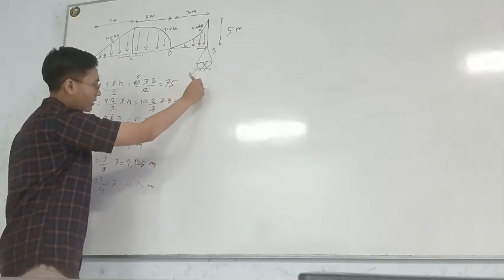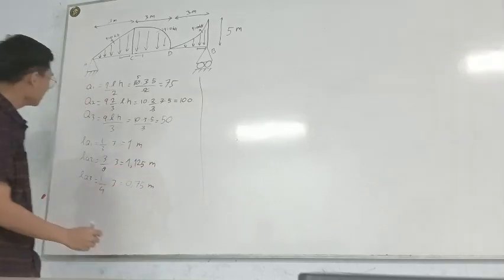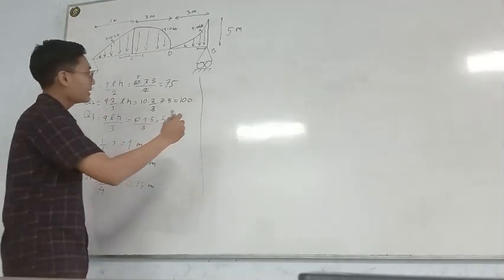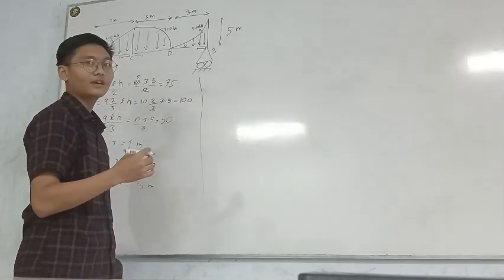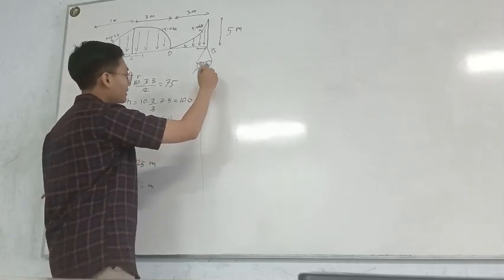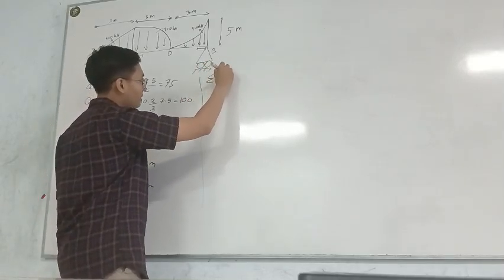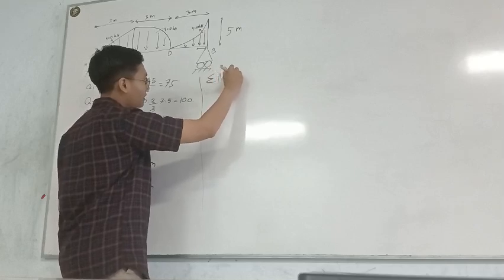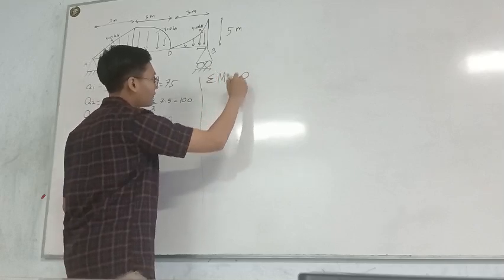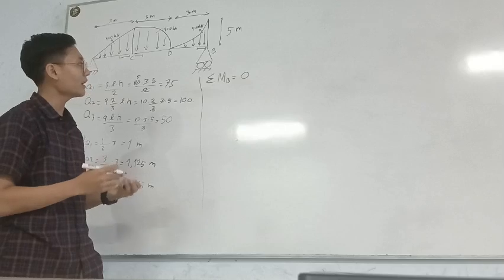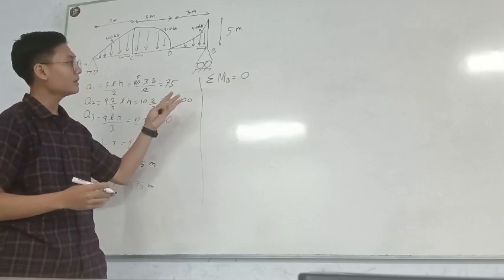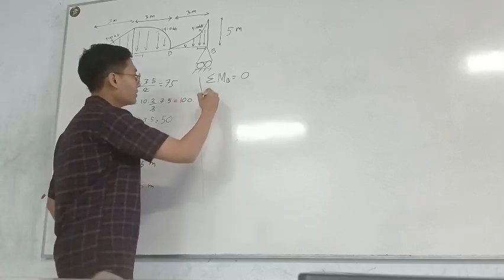After we find Q and LQ, the next is we find RVA and RVB. First, we find RVA from sigma MB equals 0.